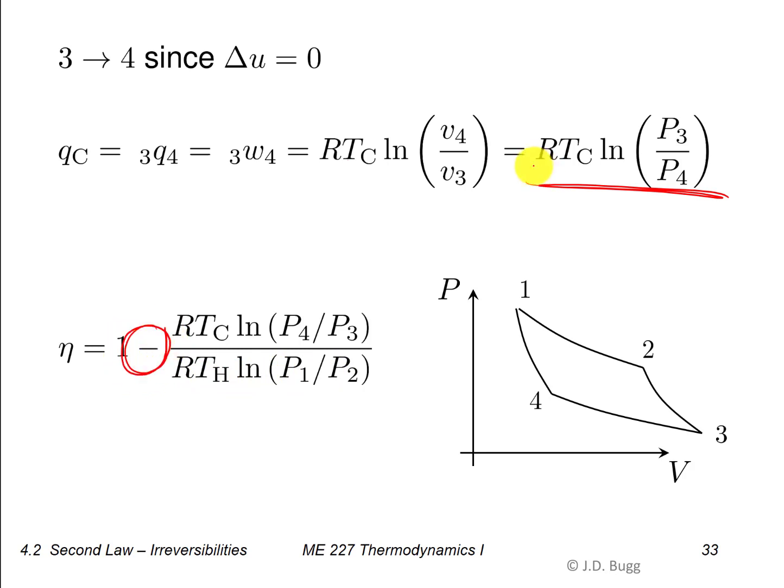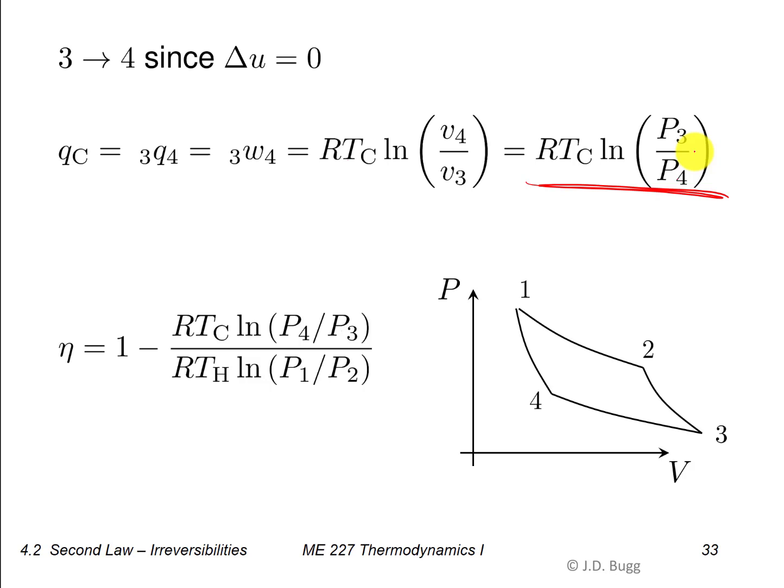Notice up here, QC is written as RTC log P3 over P4. Here it's written as RTC log P4 over P3. So I've inverted this, and that produces this negative sign out front. So that's where that negative came from, just by flipping these pressure ratios over.